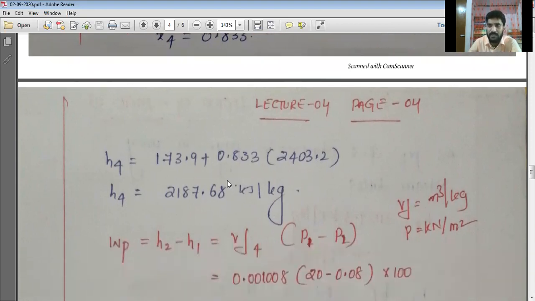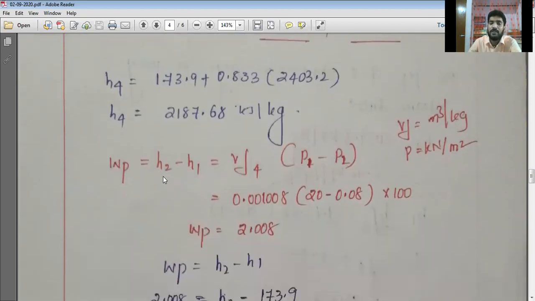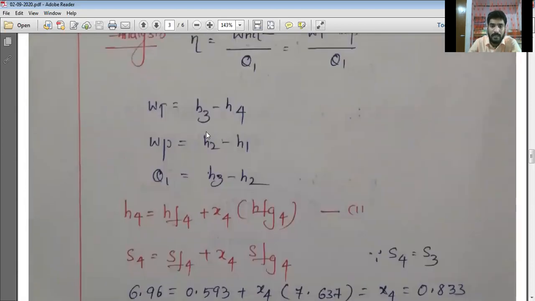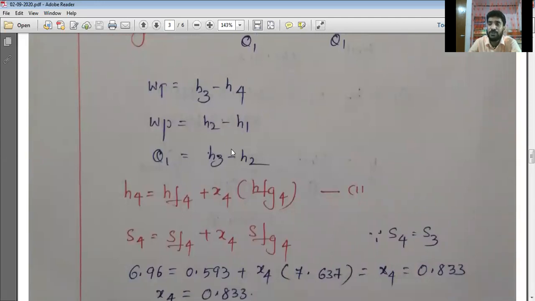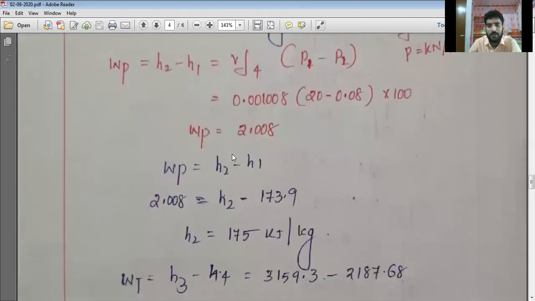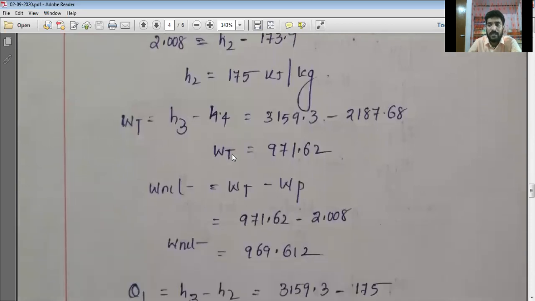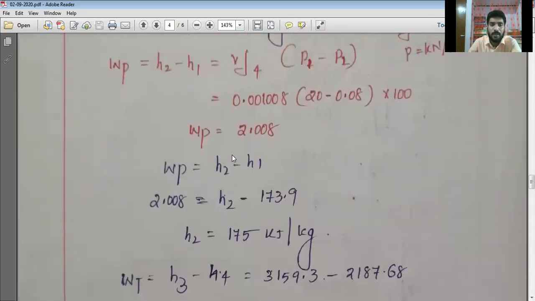Once you find H4, then you know H3 and H1, but again H2 is an unknown value. How to find H2? Pump work is equal to H2 minus H1, because the pump work is process 1 to 2. So the enthalpy difference is H2 minus H1.